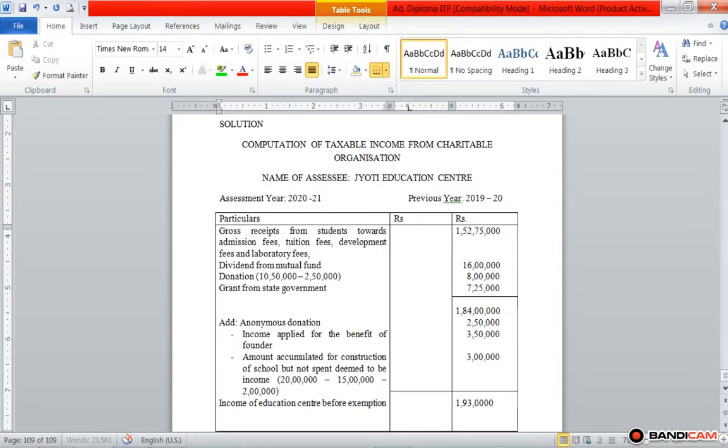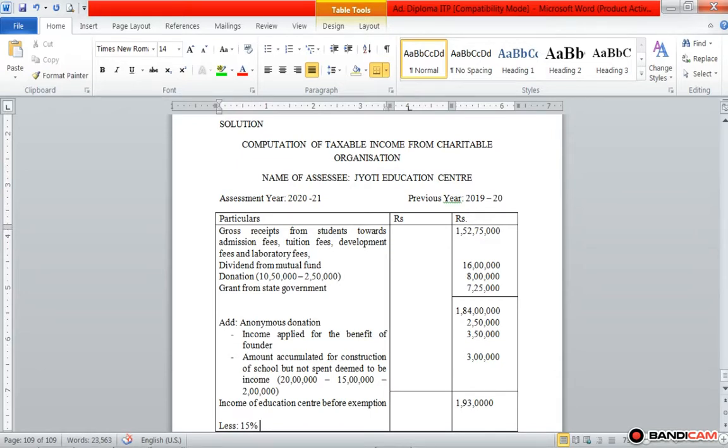Okay, then we deduct less application or 15%. So here we deduct first, remember the first thing, that only 85% of income is allowed for application, and 15% for accumulation.